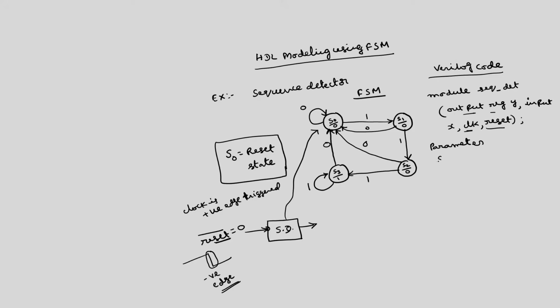Here I am using S0 equal to 2'b00, S1 equal to 2'b01, S2 equal to 2'b10, S3 equal to 2'b11, semicolon. This is how to write after the parameter. We are defining constant binary values for the states using this parameter keyword.